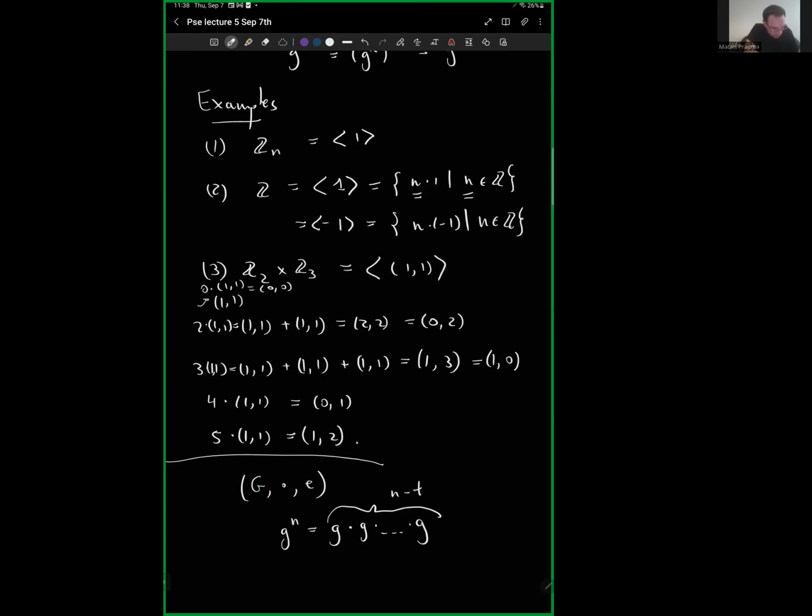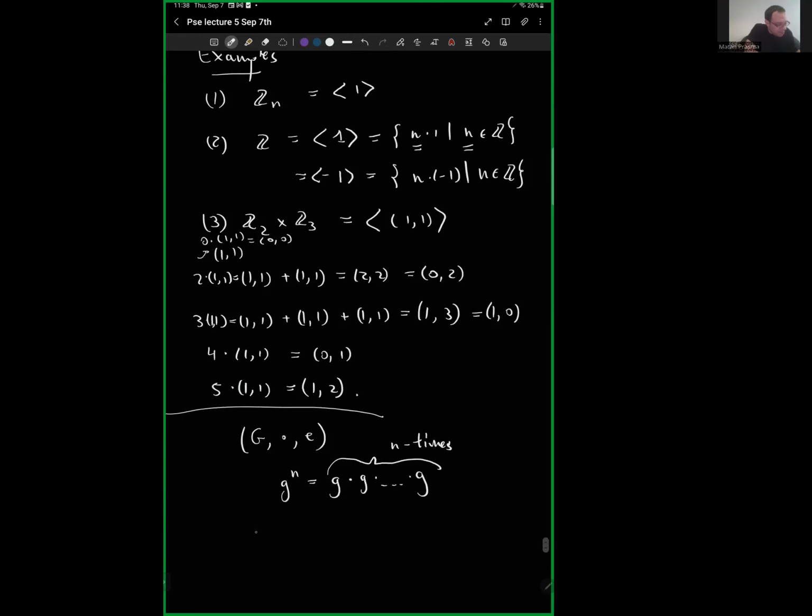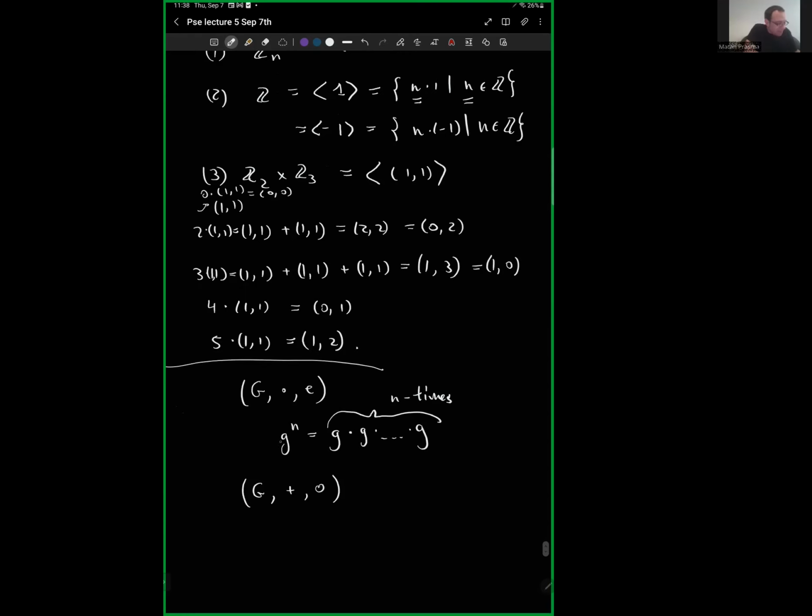Now, if I use additive notation, then I usually use 0 instead of E. And then instead of G to the n, I write n times G. This is the same, basically G plus G plus G, I mean, G operation G n times.